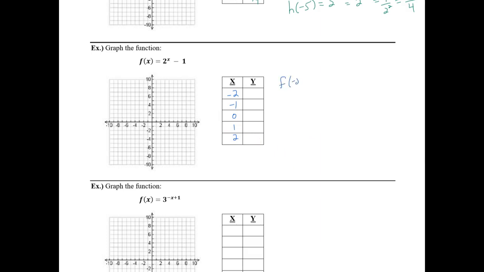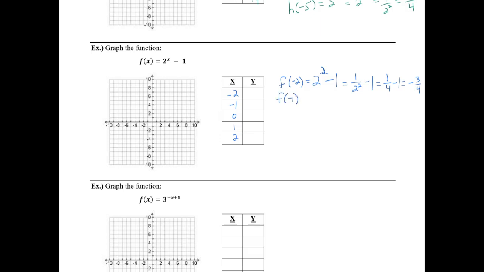F of -2, 2 to the -2 power minus 1. Okay, so I have to take the reciprocal, 2 to the 2 power minus 1, which 2 squared is 4, and 1/4 minus 1 is -3/4. You could get a common denominator there if you needed to.